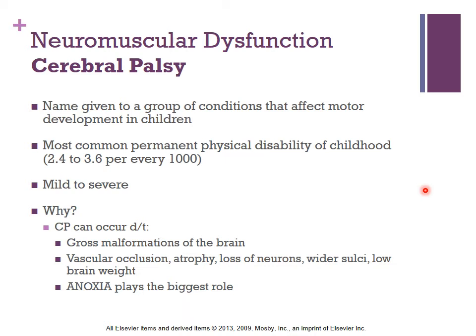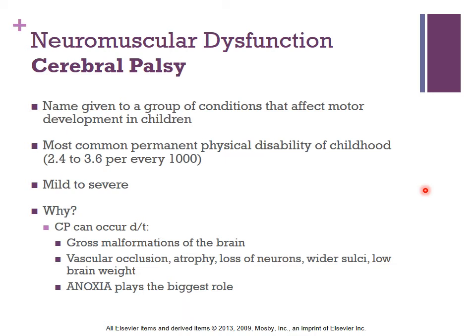Why does this occur? It can occur due to any type of gross malformation of the brain, vascular occlusion somewhere, atrophy, loss of neurons, the sulci in the brain if they're too spaced out, or if they have a low brain weight due to a genetic abnormality or some issue there. And then anoxia actually plays the biggest role.